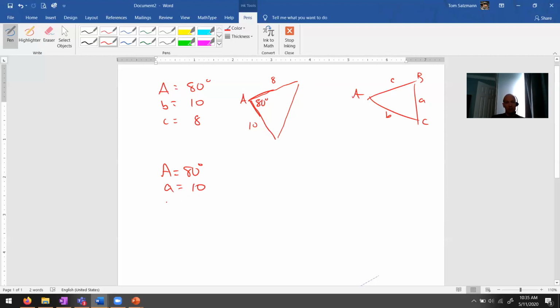And then side B or C, I don't know if I really care, but I'll just give you one of the adjacent sides. And I'm going to make that, let's make it 15. Okay, so what we've got here is a situation where A is fixed, so that's 80 degrees. One of my sides, B, this one is fixed at about 15, so that's going to be about this long.